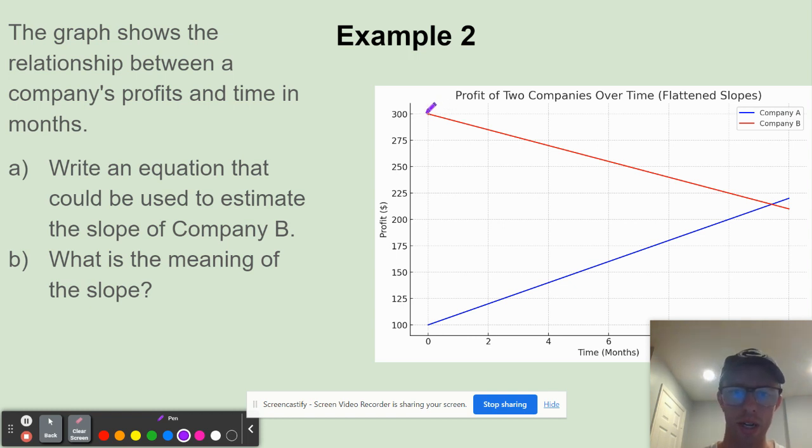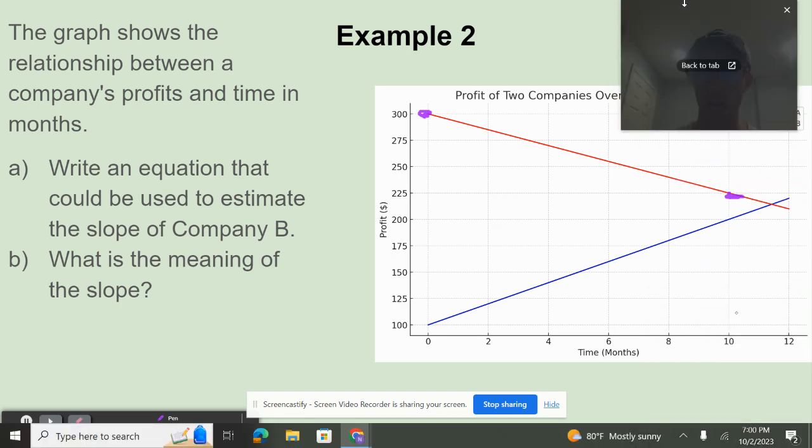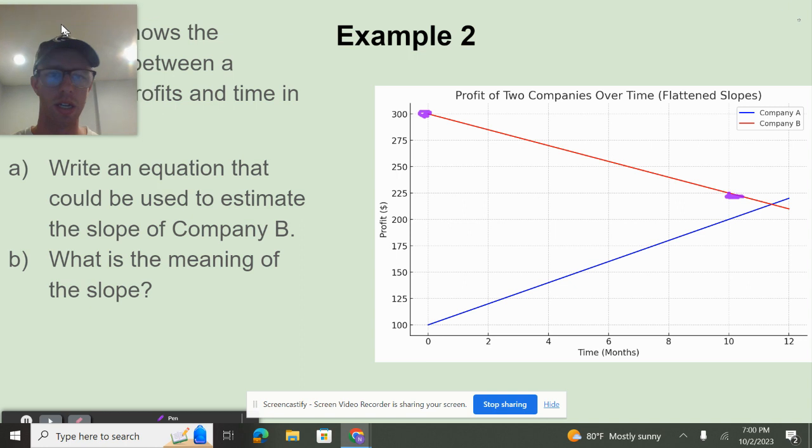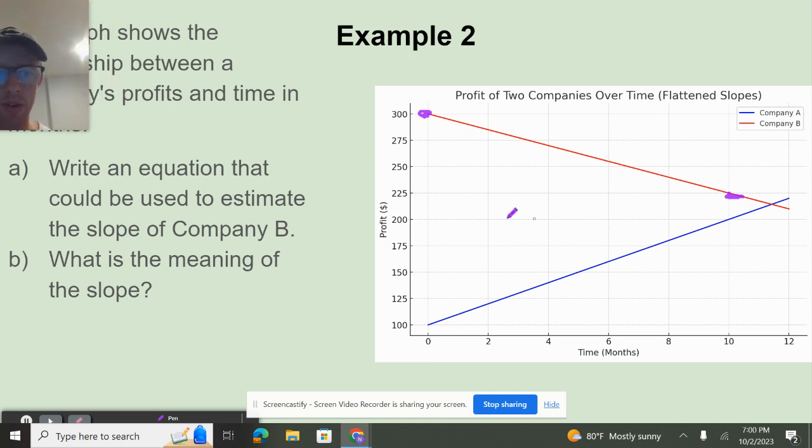Okay, so to find slope, I'm going to look for 2 points on the line. I have one here, and I have another one right here. So I want to write an equation that can be used to estimate the slope.